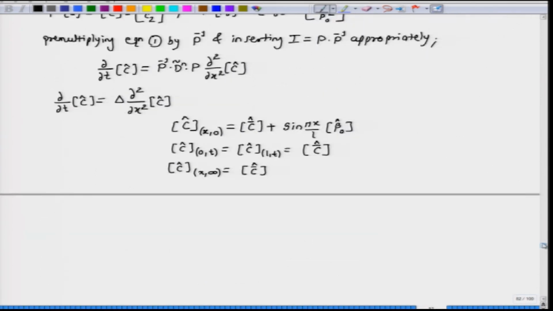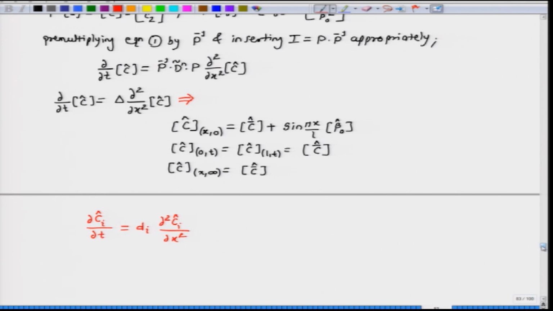So if we expand this equation in terms of the individual components, we get an equation of the form ∂Ci cap/∂t equal to di times ∂²Ci cap/∂x².